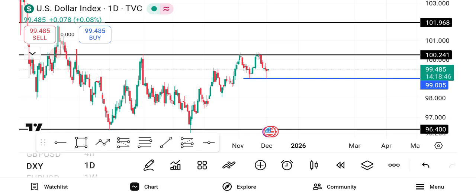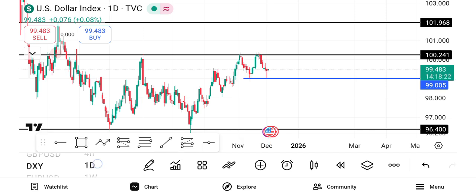I usually trade pairs that include the dollar. So for me to trade those kinds of pairs, I have to check the dollar index first before going down to other pairs. So as I was saying, the market was unable to break this low here, causing a continuation of the trend.